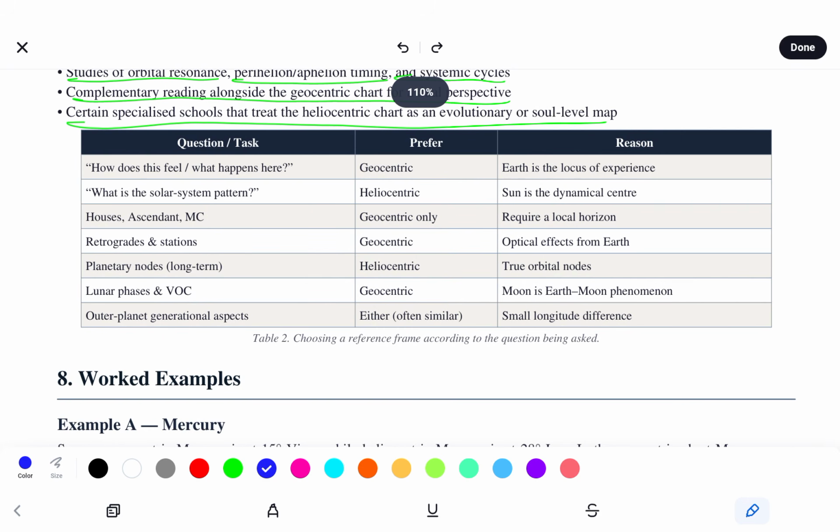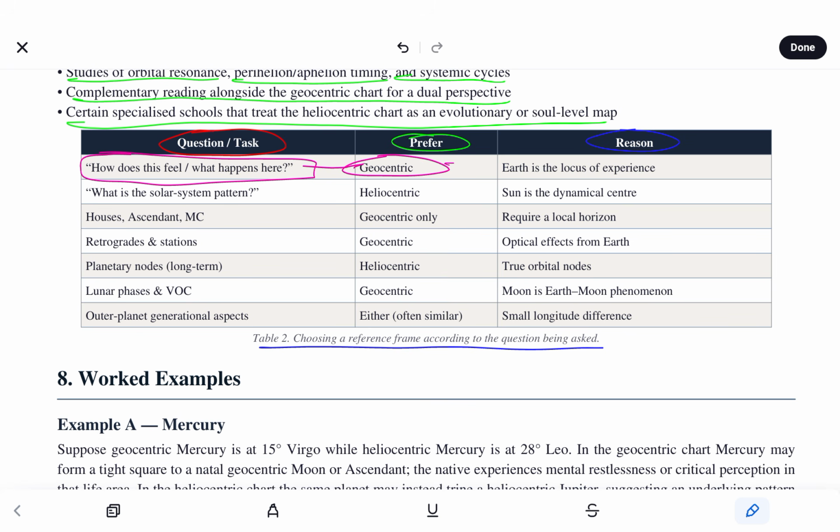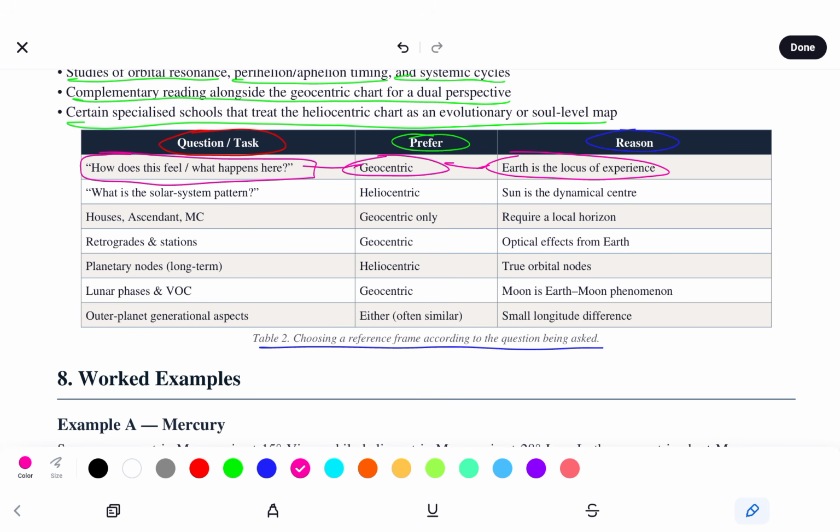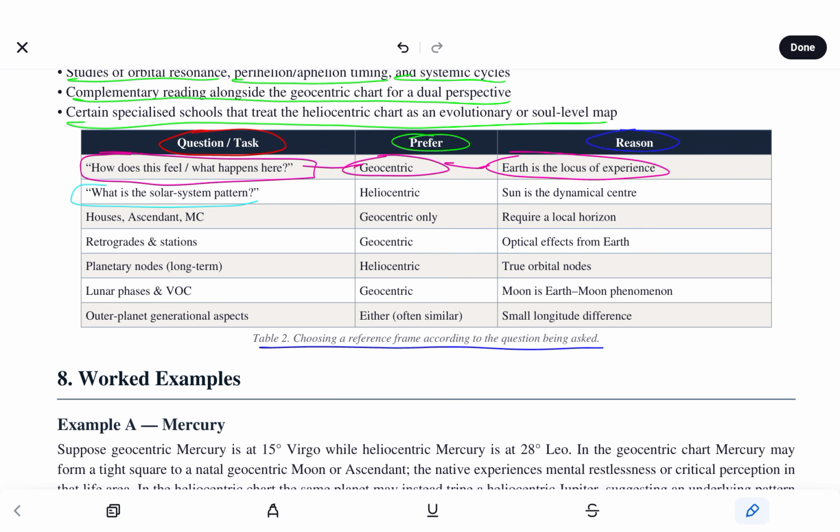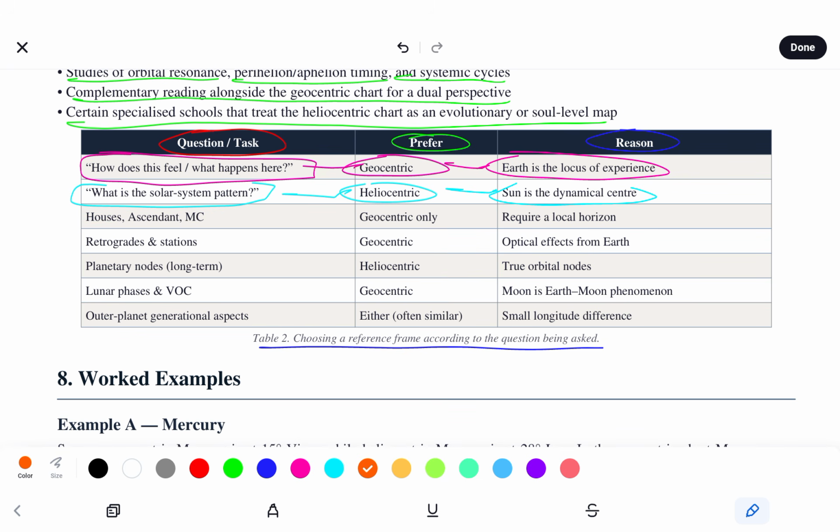So here we see choosing a reference frame according to the question being asked. This table shows the question or task, as well as the preference and the reason why. So how does this feel? What happens here? We notice you should go with geo, because Earth is the locus of experience. What is the solar system pattern? Helio, the Sun is the dynamical center.